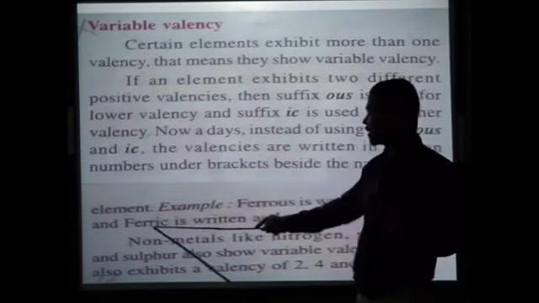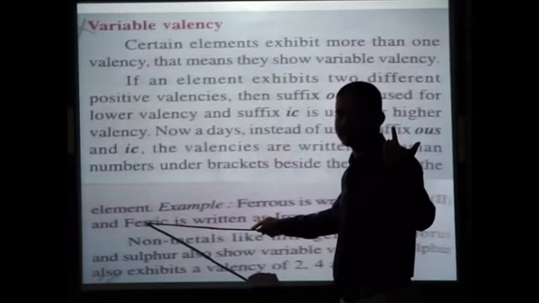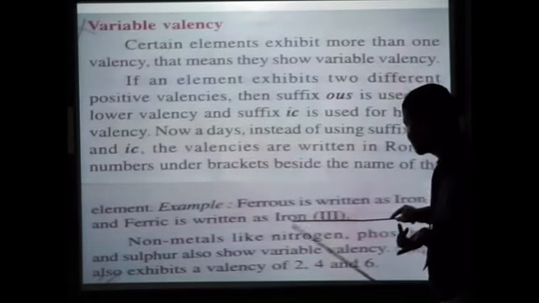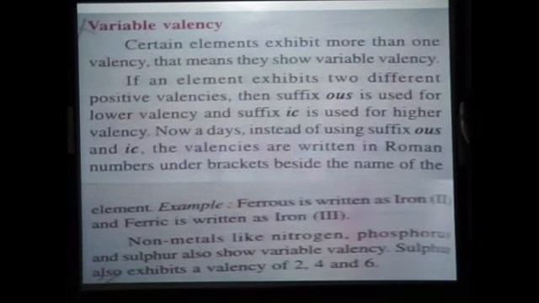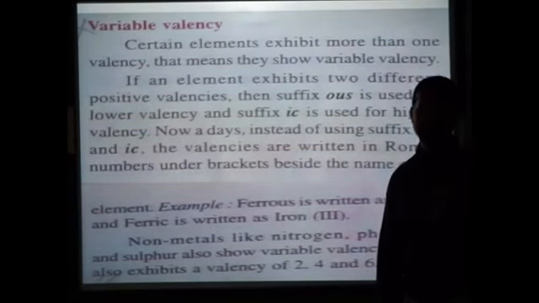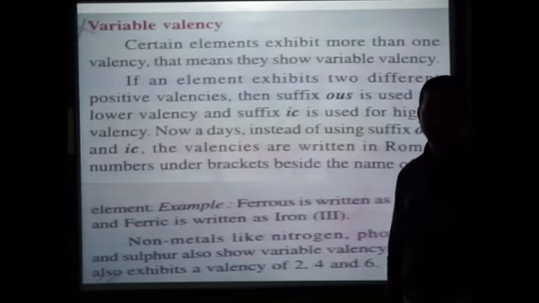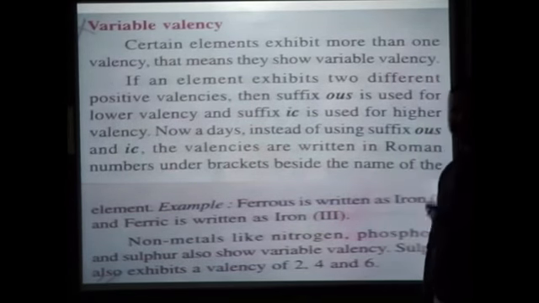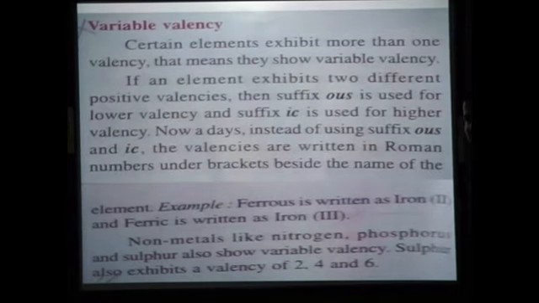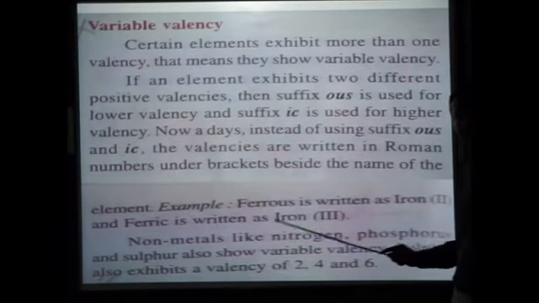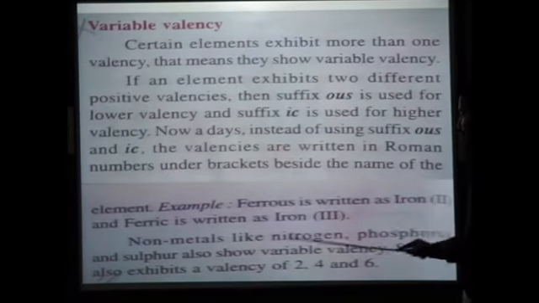And ferric, IC, means higher valency. It is written as iron(III). So ferrous means Fe2+, showing valency 2, and ferric means valency plus 3, showing valency 3. So if the valency is 2, it is written iron(II). If the valency is 3, it is written iron(III).